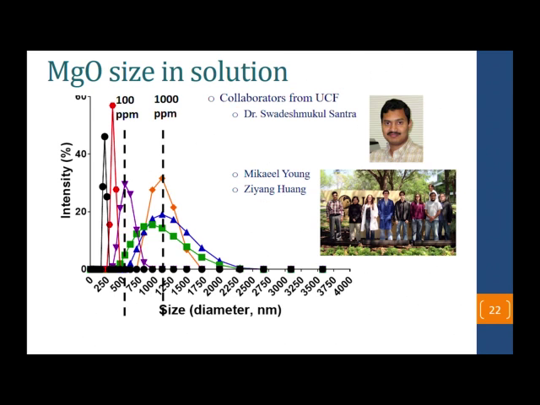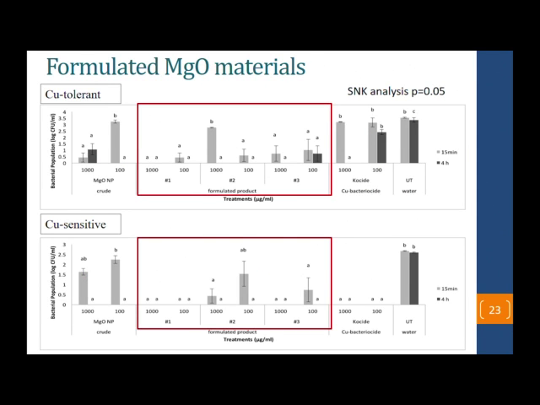So Dr. Sandra from UCF, our collaborator, and his group helped us develop formulated magnesium-based nanomaterials, which are easier to suspend. That's why we tested them in the bactericidal activity experiment, with the same experimental setting as the non-formulated one.